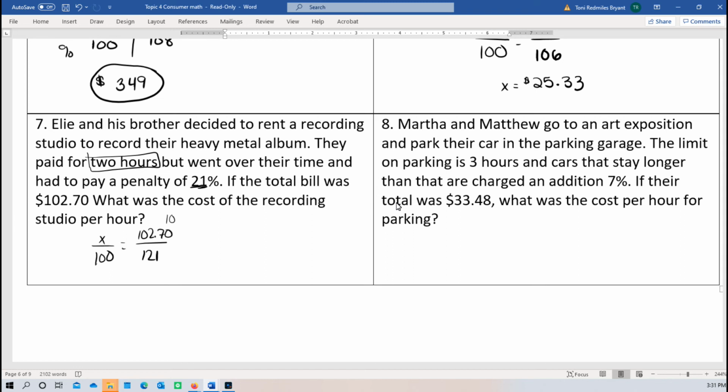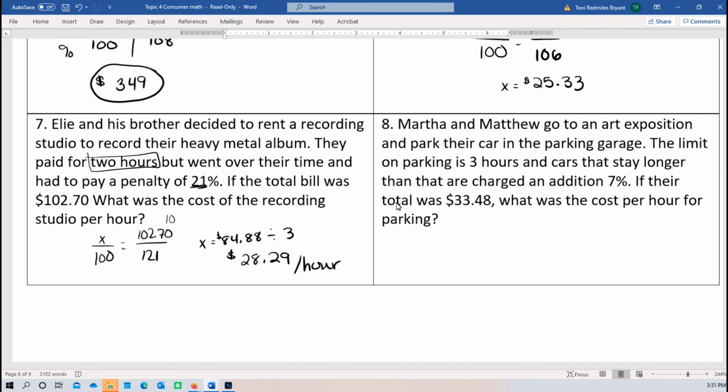And we're going to get x equals 84.88. Now we need to divide this by the 3 hours because he paid for 2 but went over into the third. Okay, so 84.88 divided by 3 hours is going to roughly be 28.29 per hour.